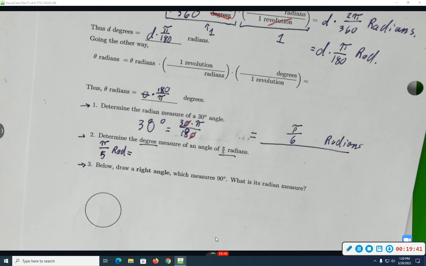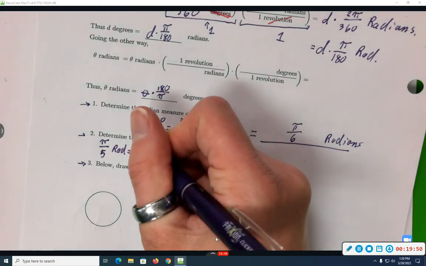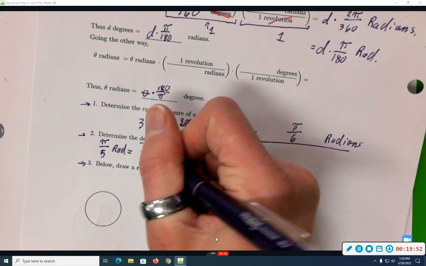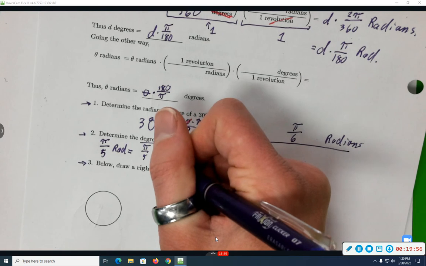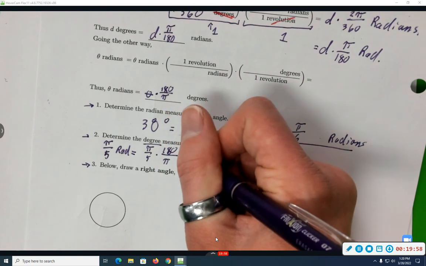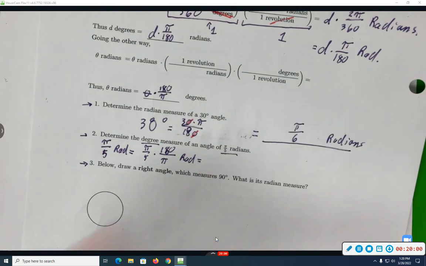I need to multiply by something and then divide by something, right? Excellent. So that should be the same thing as pi over 5 multiplied by 180 divided by pi radians. And now the game is just simplifying.